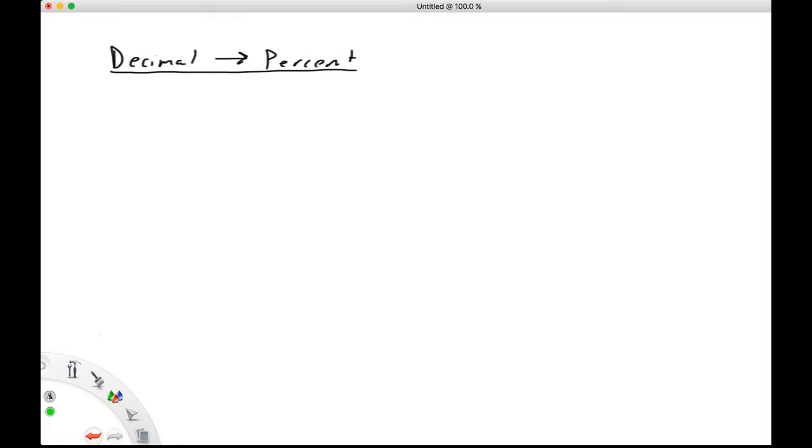It's highly compatible with the number system that we already use. And because of that, all we really have to do here is multiply by 100. Or in other words, slide the decimal 2 places to the right.